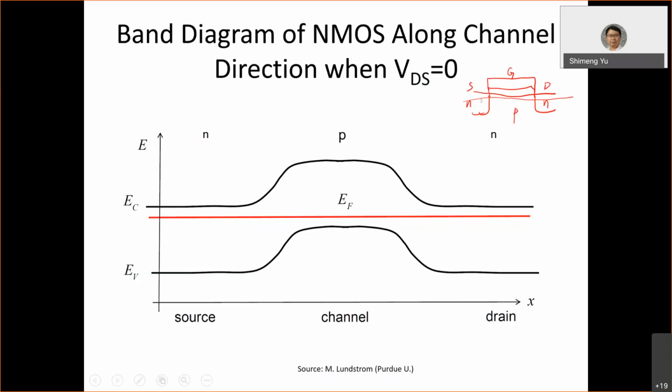And then we have the two PN junctions back to back. So you have NP as source to body, and then body to drain, you have PN. So if you draw the band diagram along the channel for the N-type MOSFET, you will see this kind of band diagram. You have two PN junctions back to back.